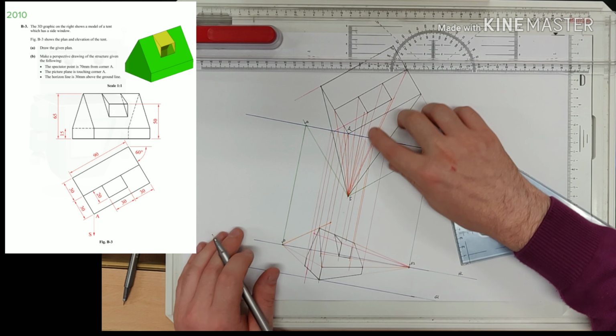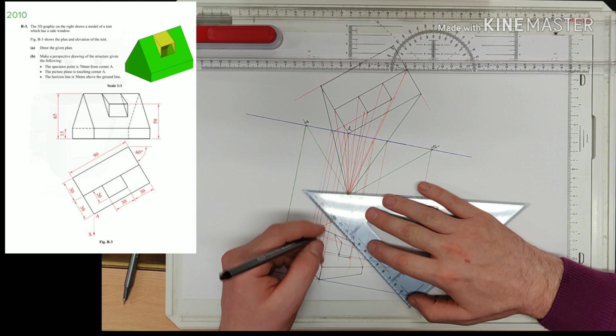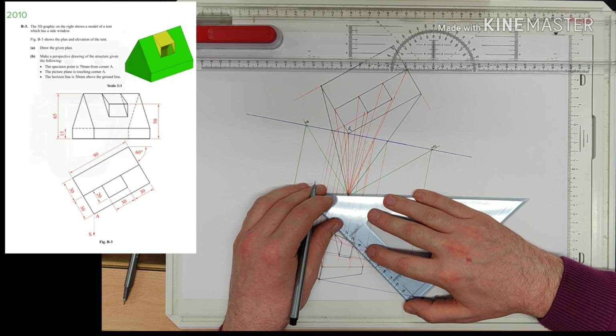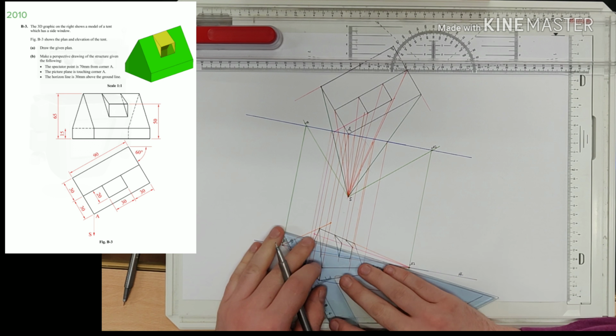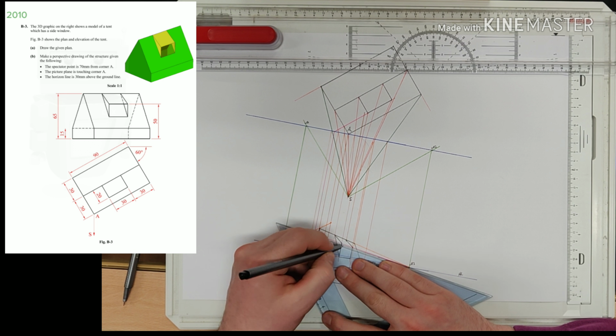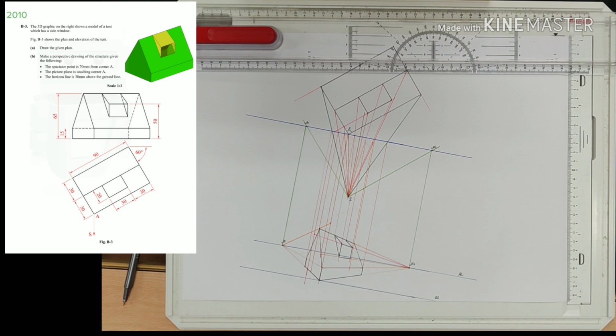Make sure I'm following the right point. Yep. And of course, I have to darken this line here.